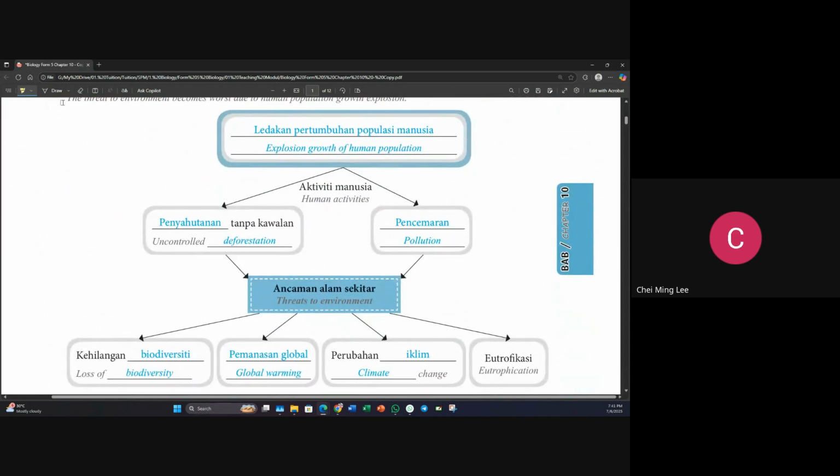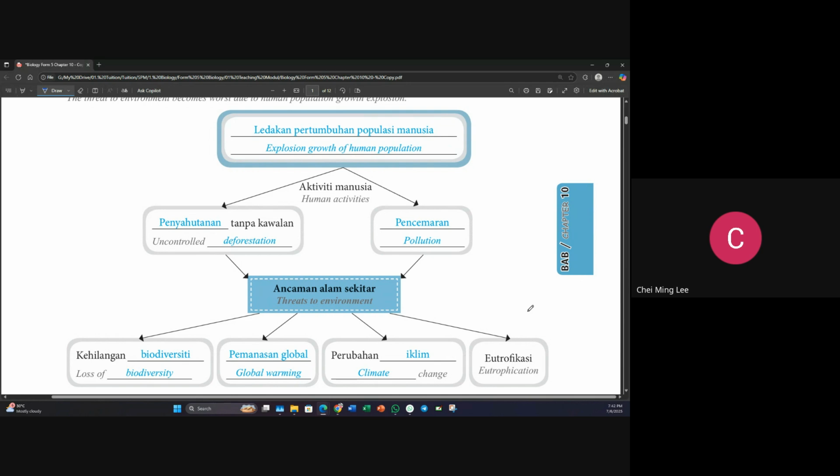Which is caused through human activity like uncontrolled deforestation and pollution. And these two will give threats to the environment like loss of biodiversity, global warming, climate change, and also eutrophication. Eutrophication is the overgrowth of algae.